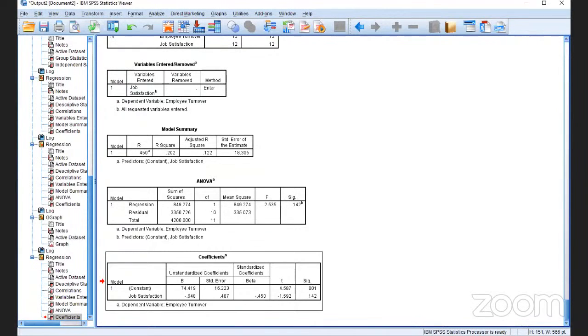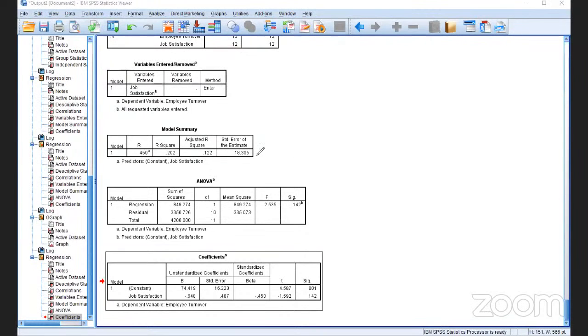So in this output, we can say there is no significant relationship, although it is a negative relationship, because you can see the beta coefficient is negative, but it is not significant.